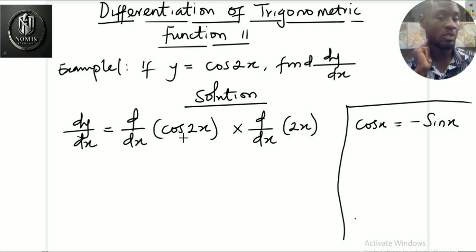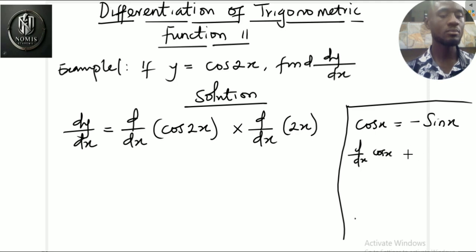So remember, if you want to differentiate cos x, what we will do is d/dx of cos x multiplied by d/dx of x.